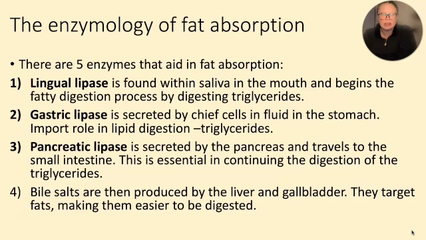First, the lingual lipase, found within the saliva and mouth, begins the fatty digestion process and digests the triglycerides, which are the fats that we are talking about. Then there is the gastric lipase that is secreted by chief cells within the stomach. This also is for lipid digestion of the triglycerides.